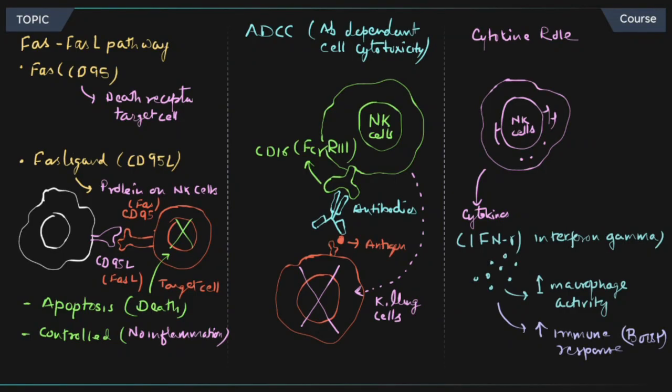As you can see over here, we have covered the structure, the surface of dendritic cells, the function of dendritic cells, as well as natural killer cells in detail. And then we also covered advanced topics like the Fas ligand pathway, ADCC, and cytokines. So that gives you a lot of information on these particular cells, right?